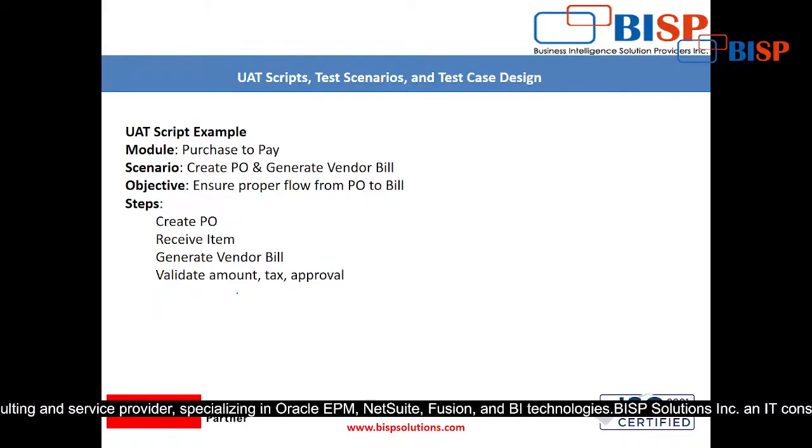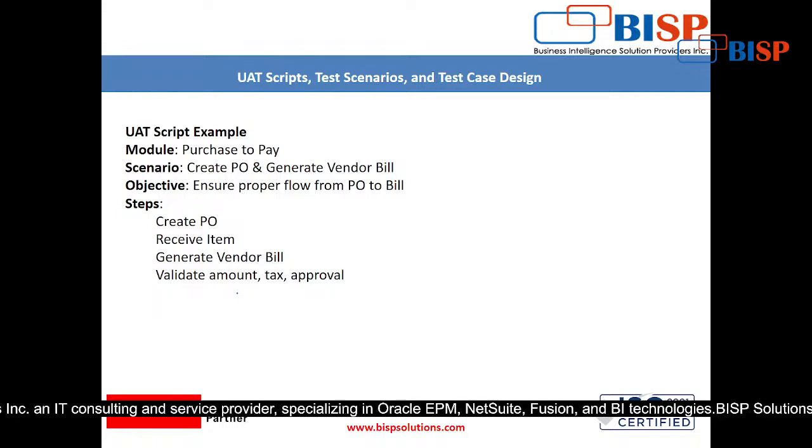Again I am explaining the UAT test script example. In this first PPT you have to show the modules, purchase to procure, the scenarios this is going to be tested on, and then ensure proper workflow from PO to bill, and then create PO, receive item, generate vendor bill, right?